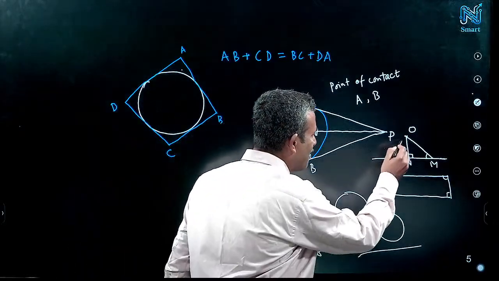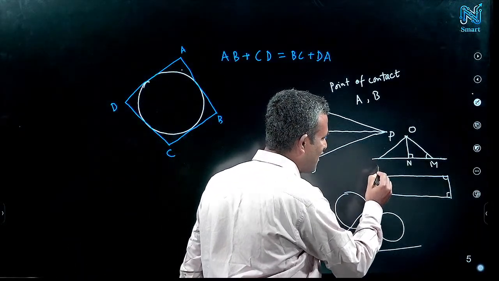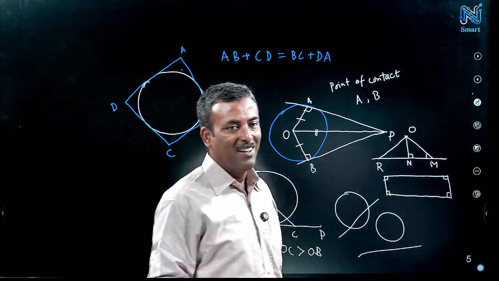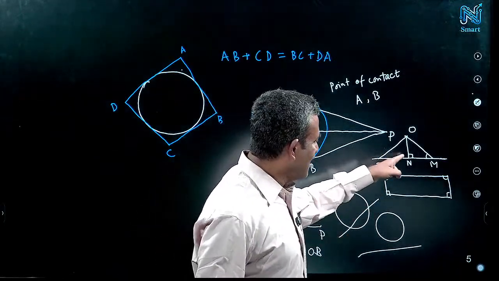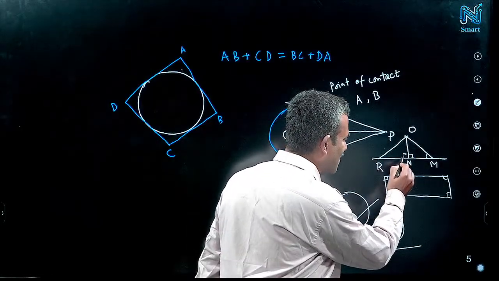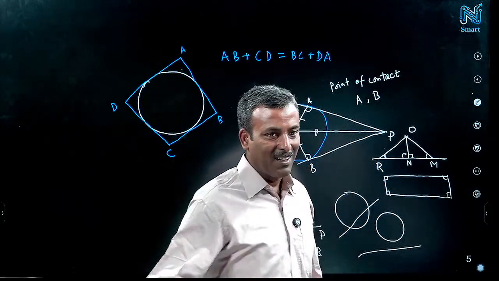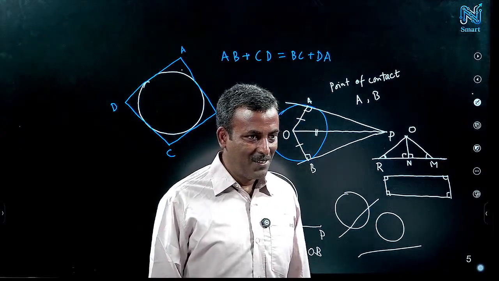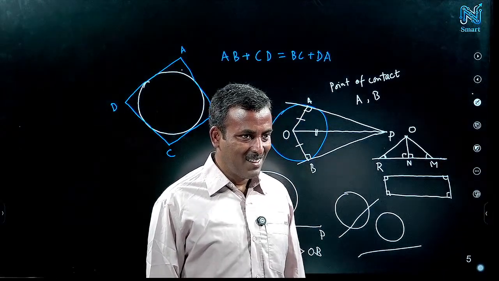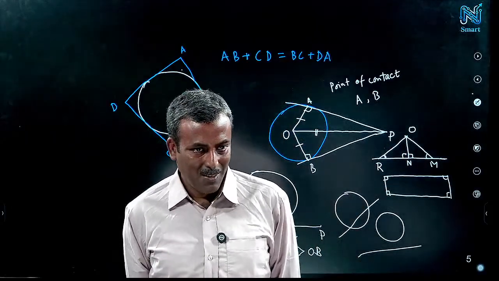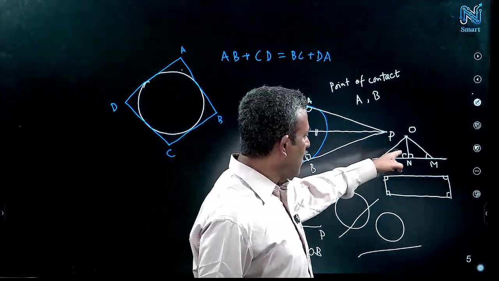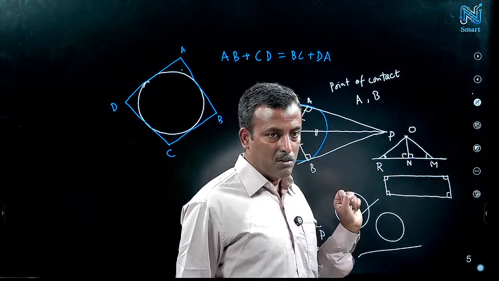Now take another point on this side. So this angle is also bigger than any other angle here, right? That means both angles must be 90 degrees, because if one of them is obtuse, the other must be acute.